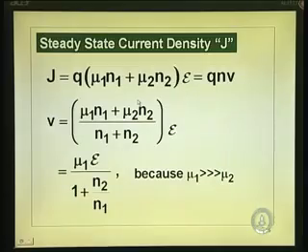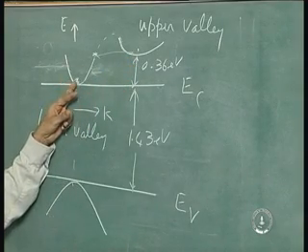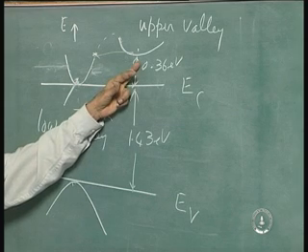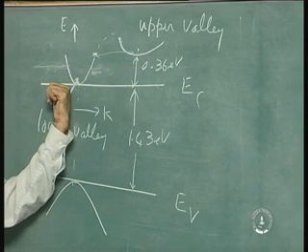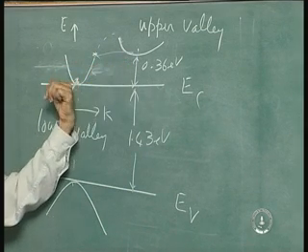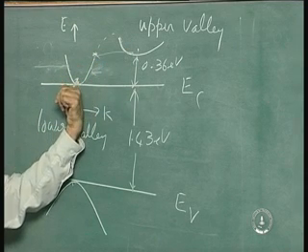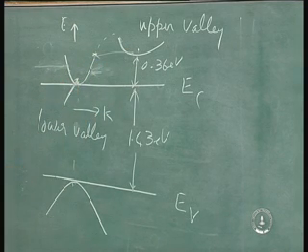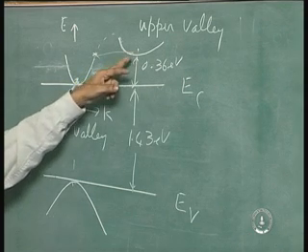One, mu2 is small compared to mu1, so you are neglecting mu2 n2 compared to mu1 n1. Also, n2 will be smaller than n1, at least up to a certain field, because all the electrons do not get transferred immediately.